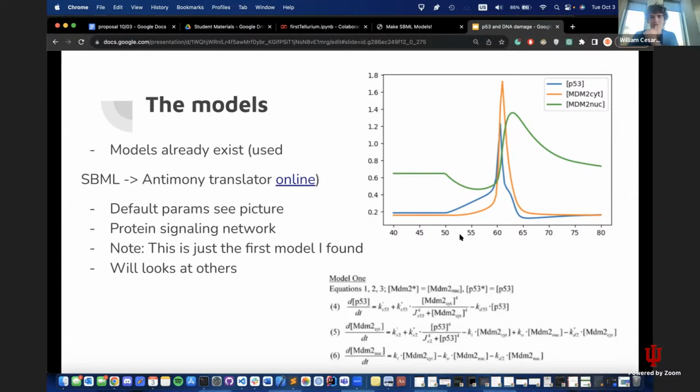In this case, the more MDM2 you have, the more P53 you get. The more P53 you get, the more MDM2 you get. Right, the Hill functions are both activating. You could have a model in which one of those Hill functions were inhibiting. To do that, you'd replace the MDM2 in the numerator with the P53 from the denominator. That flips the Hill function from being activating to inhibiting. So yeah, you could build a lot of models based on this.